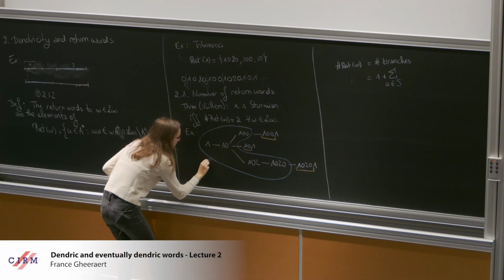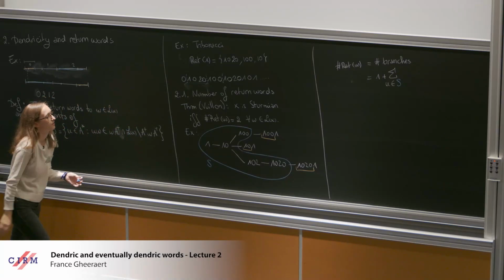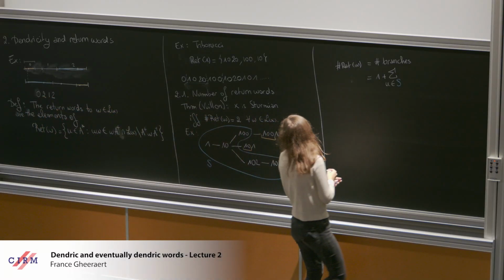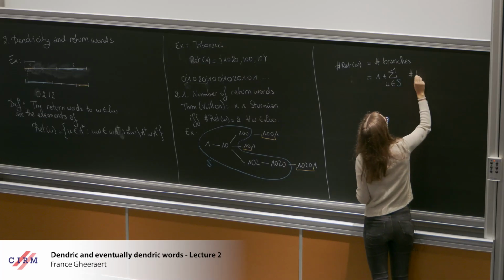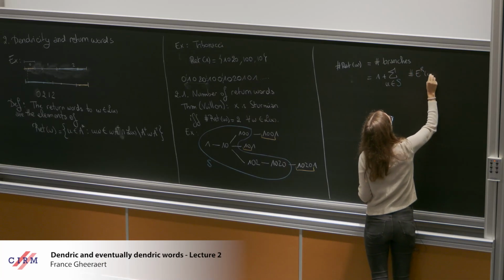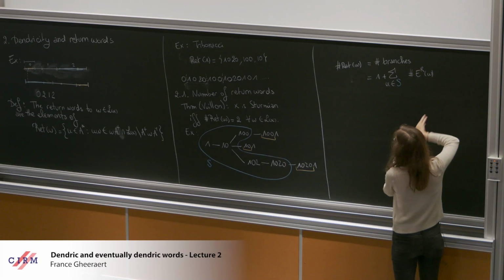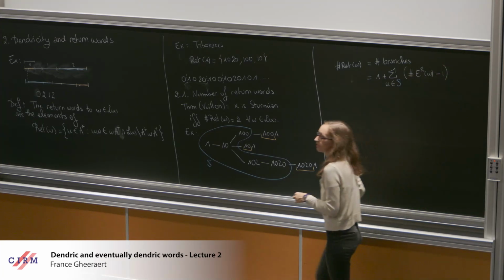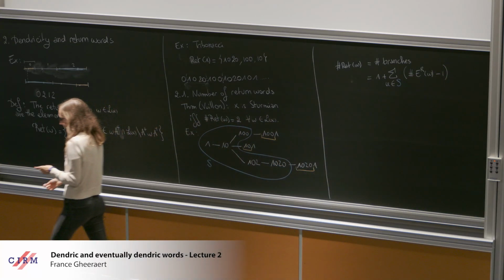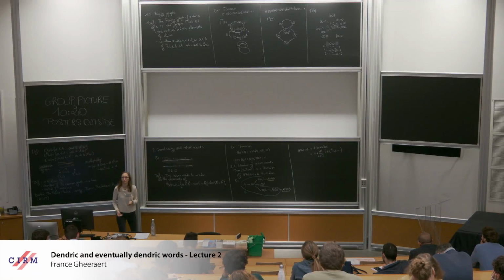So this would be the elements of my set S. And how many new branches do I create? Well, I have one incoming branch and it splits into this number of branches, so the new branches is this. Okay?